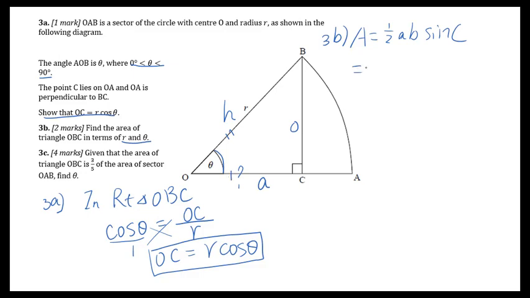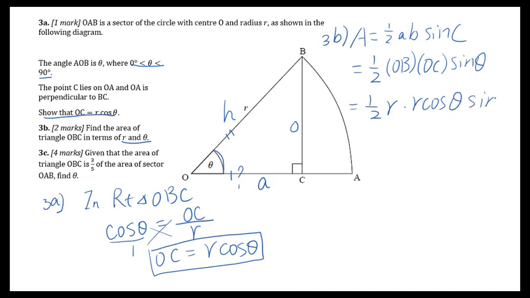So I can write down 1/2 is OB times OC, then times sin theta. For OB, we know that is R. OC is R times cosine theta, sin theta. I organize that: it is 1/2 R squared cosine theta, sin theta.